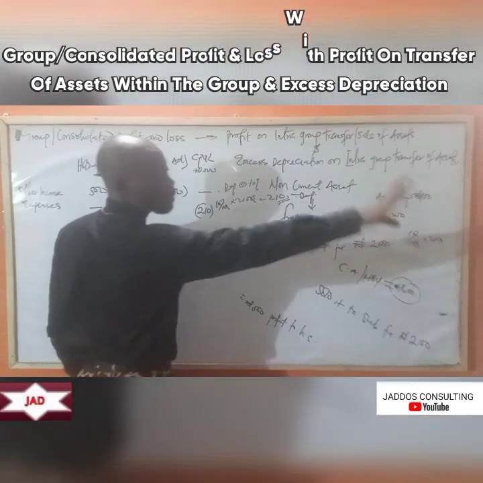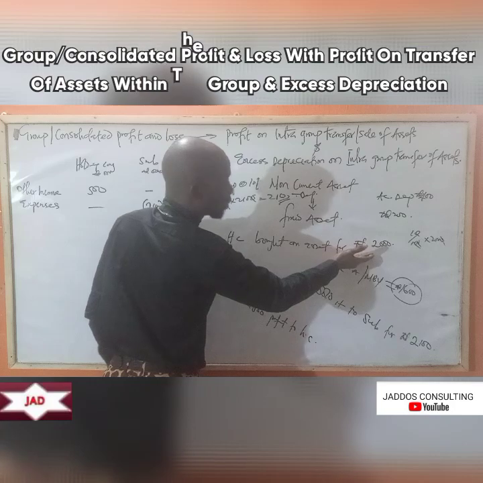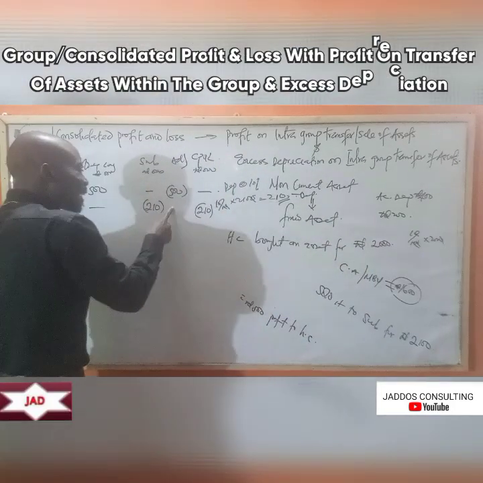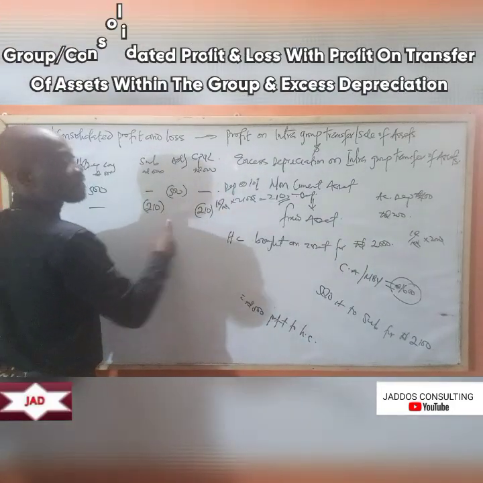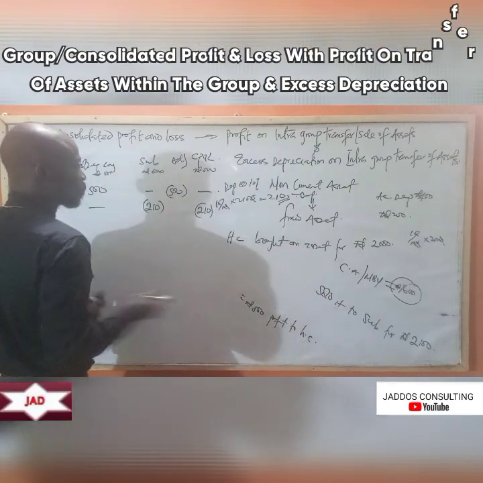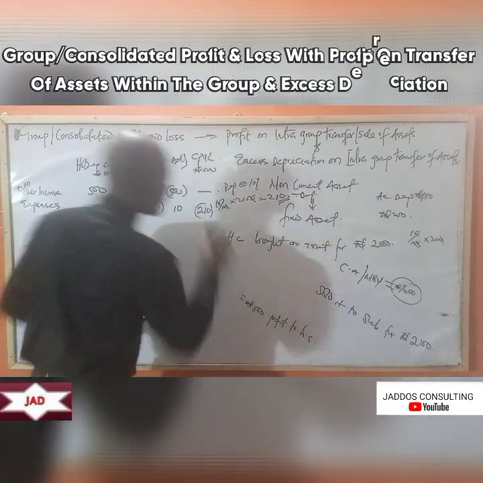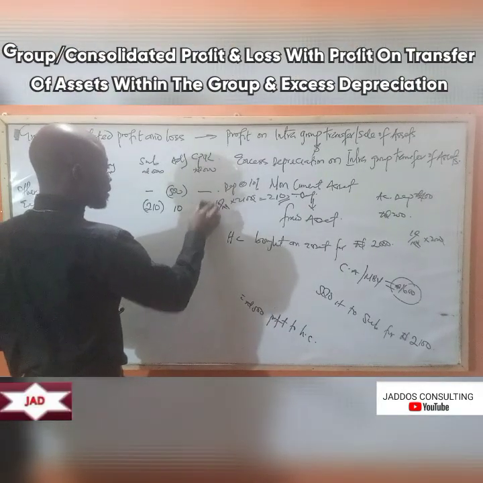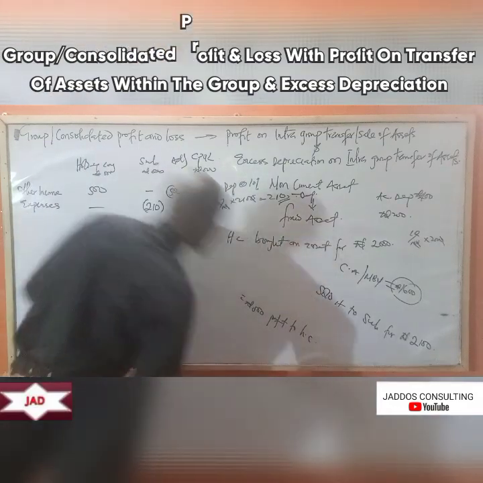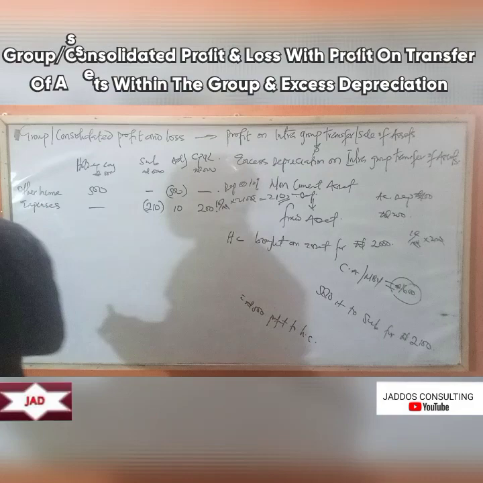But since you have eliminated the profit, that has to go back to 2,000, which is 200. So we have to eliminate 10 naira from this expense so that the 200 can stand. So for adjustment, this will be 10 naira. So that means that depreciation here will now be 200.